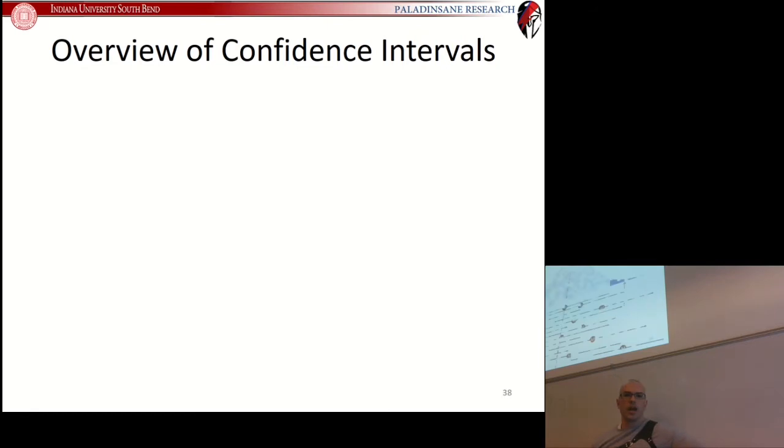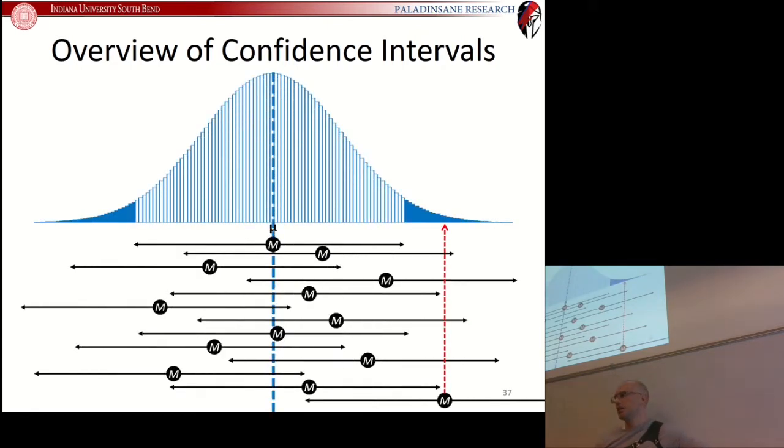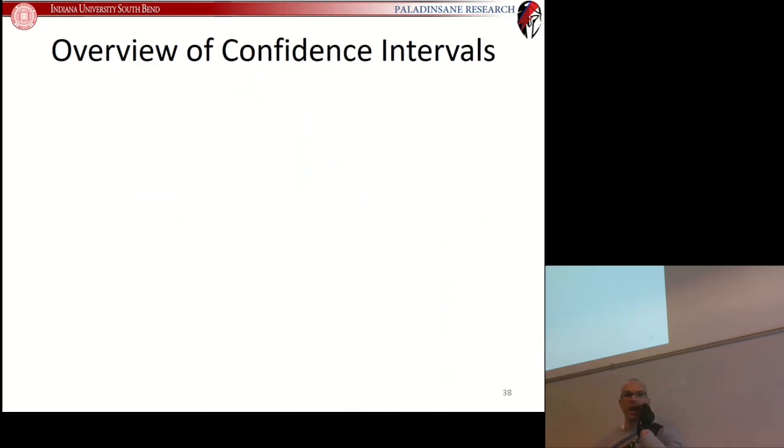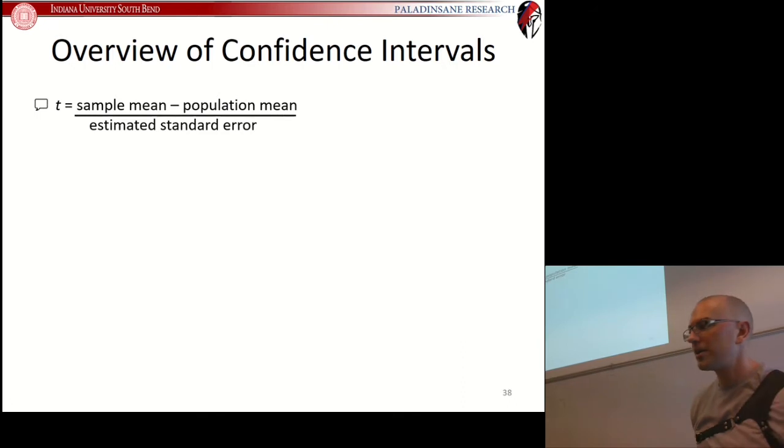All right, so that is the idea of the confidence interval. So now let's take a look at a little bit of the math behind it. Next class we're going to take a look at it in more depth, but it's a good idea to know where this interval is coming from. In terms of figuring out the confidence intervals, it's really just a matter of doing a little bit of algebra with your formula for your t statistic.